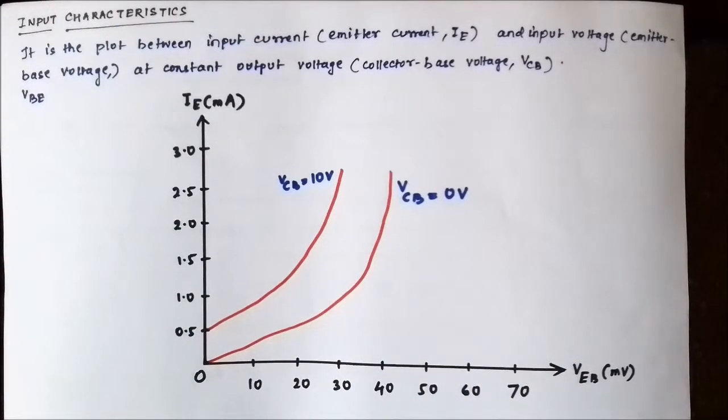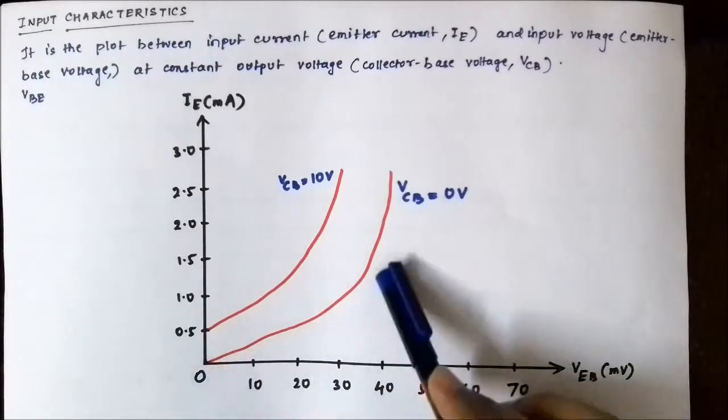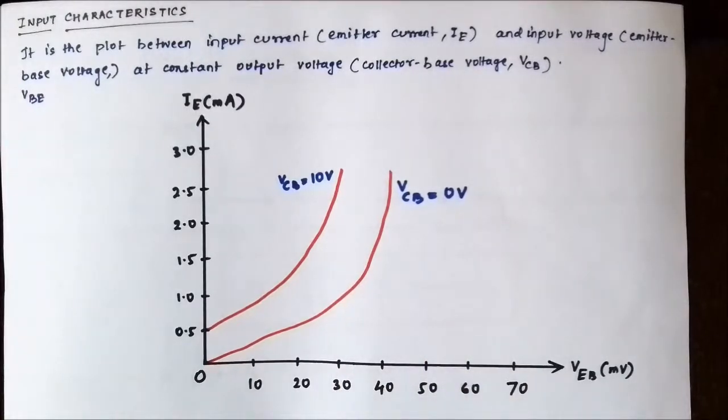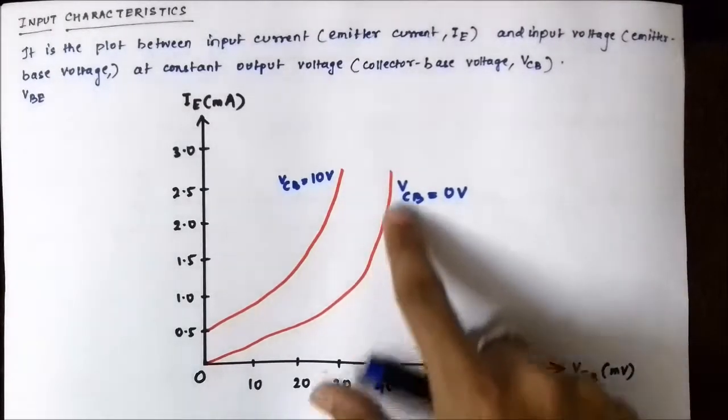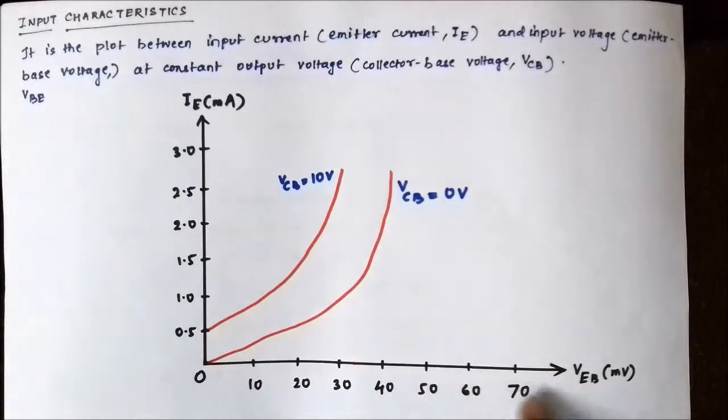You will find that up to this point, there is variation in the emitter current with respect to emitter base voltage, but that variation is very less as compared to beyond this point, where the emitter current increases rapidly with respect to the emitter base voltage. That is almost beyond 30 millivolt.